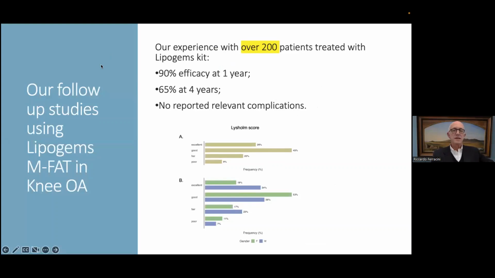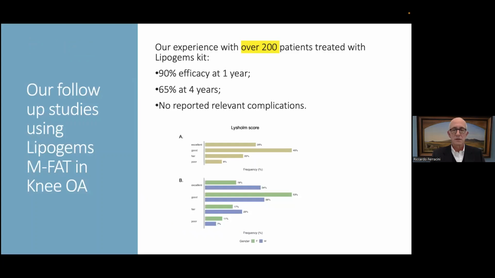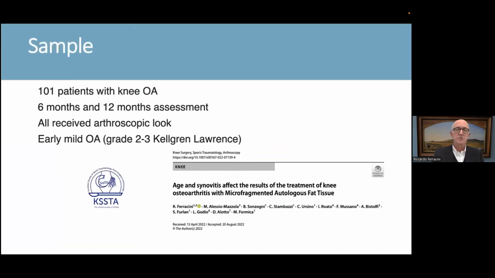Our follow-up study, and I'll wrap it up. At 1 year, efficacy 90%. At 4 years, efficacy 55%. And this is all done on patient-reported outcome measures. A 1 year study, 100 patients.